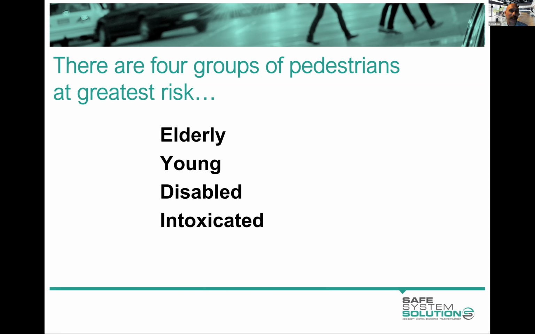And intoxicated, and this is our biggest source of death and serious injury for pedestrians, intoxicated pedestrians. Intoxicated males especially are hugely overrepresented in the death and serious injury of pedestrians on our road network.